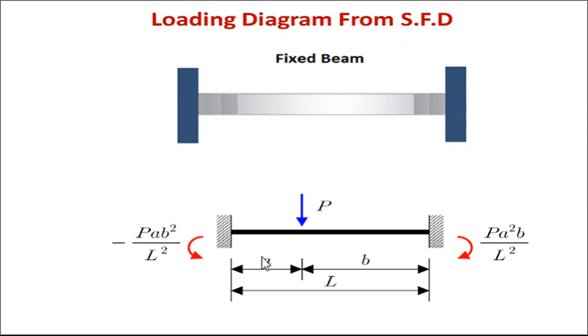At that time, the moments acting can be determined by PAB square divided by L square, where L is the total span of this beam. This moment is anti-clockwise, that's why it is minus, and this moment is clockwise, that's why it is plus. So PA square into B divided by L square. So there are moments acting at the fixed ends.